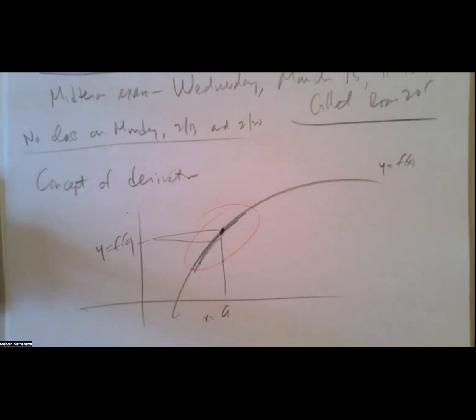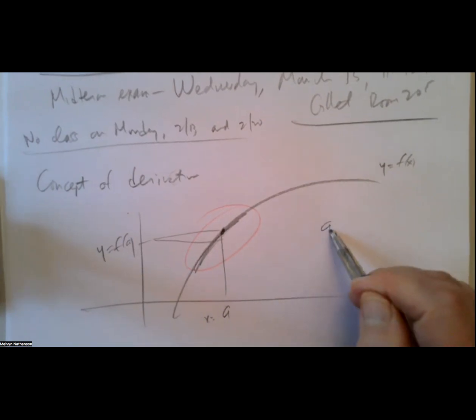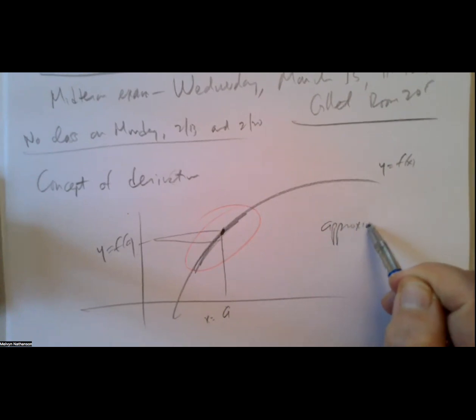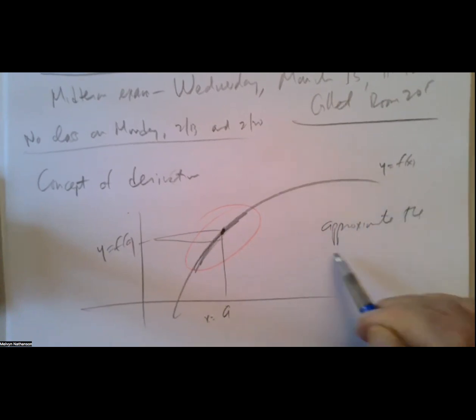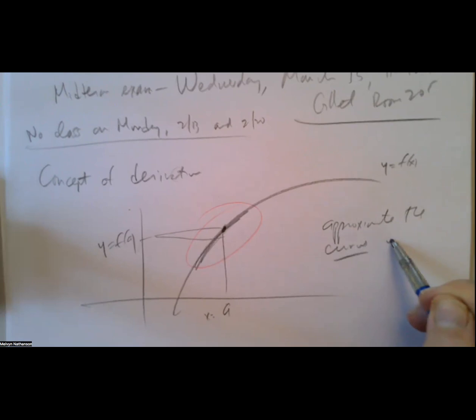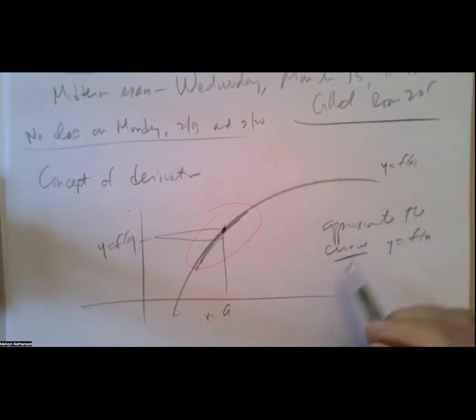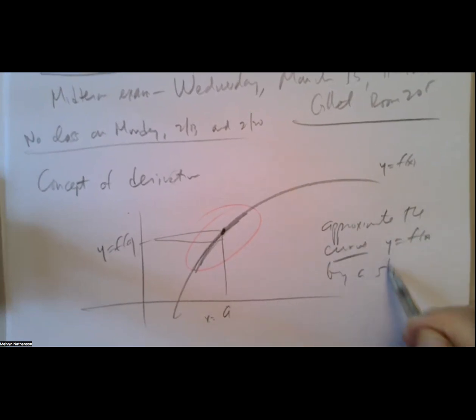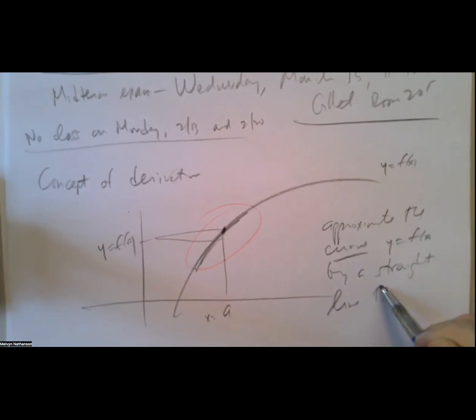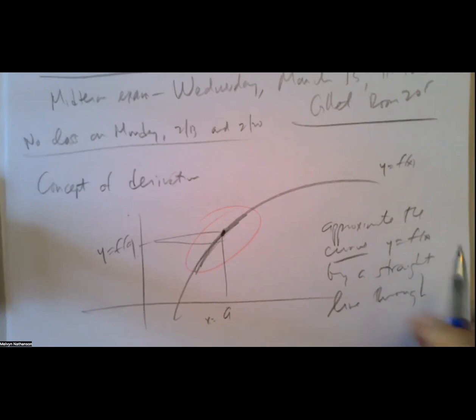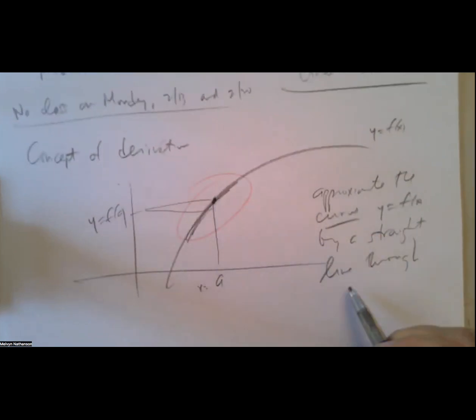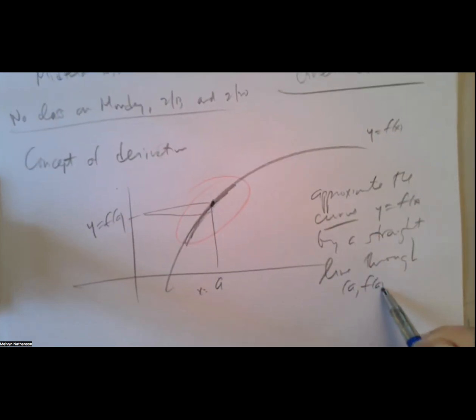So one idea of the derivative is to, let's say, we want to approximate the curve y equals f of x by a straight line through the point on the curve with coordinates a and f of a. That's the idea.